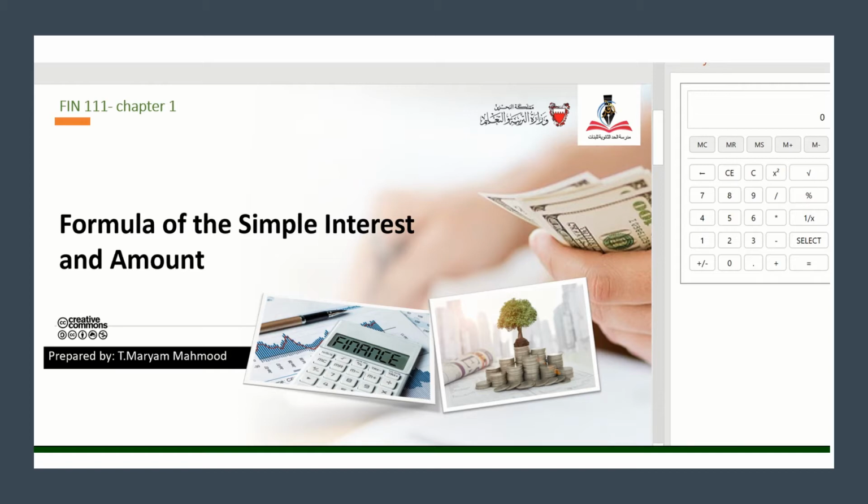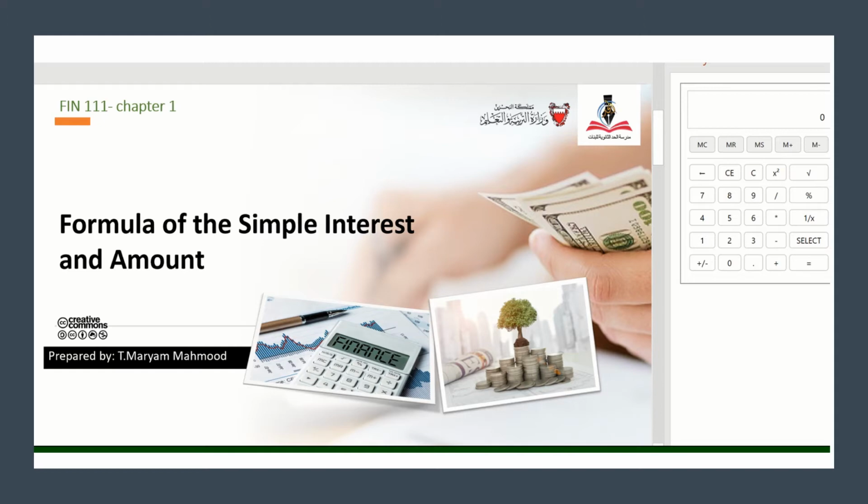So if you have any problem entering the numbers, then you will solve the problem in the wrong way, or you will get the wrong answers at the end. So it is important now to be familiar with your calculator to solve the problems correctly.